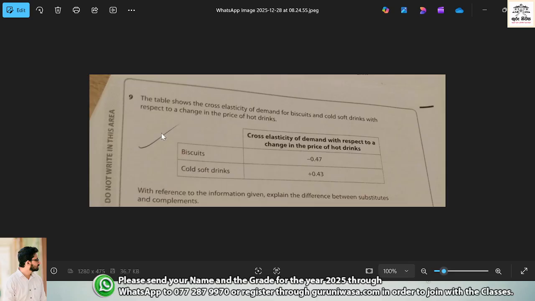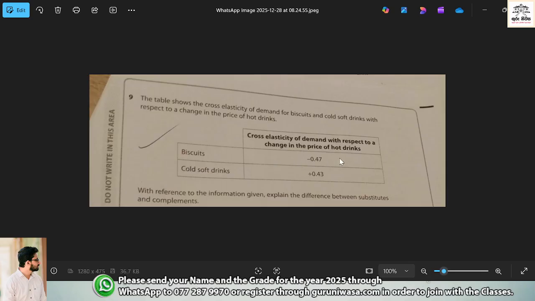The table shows the cross price elasticity of demand for biscuits and cold soft drinks with respect to a change in the price of hot drinks.